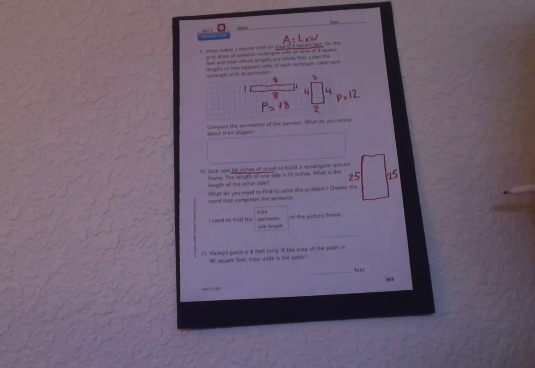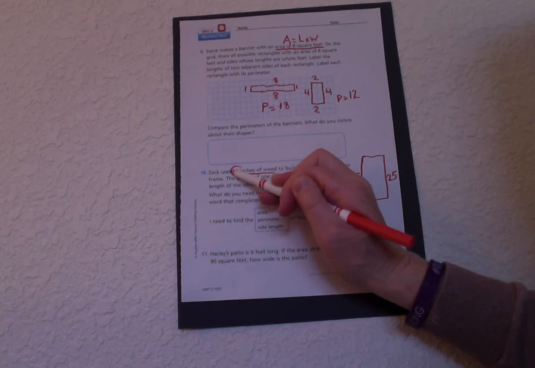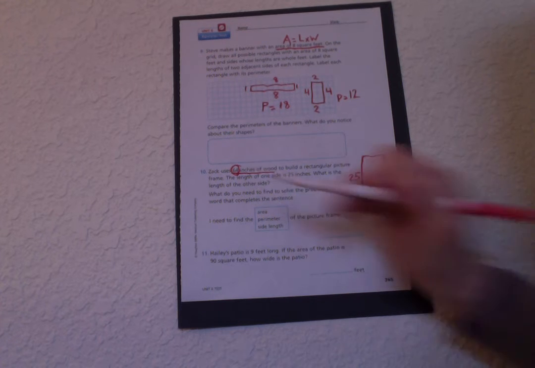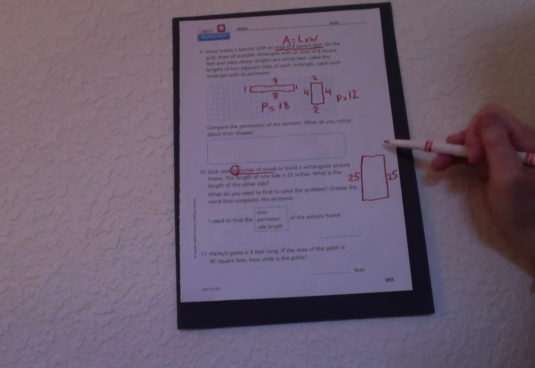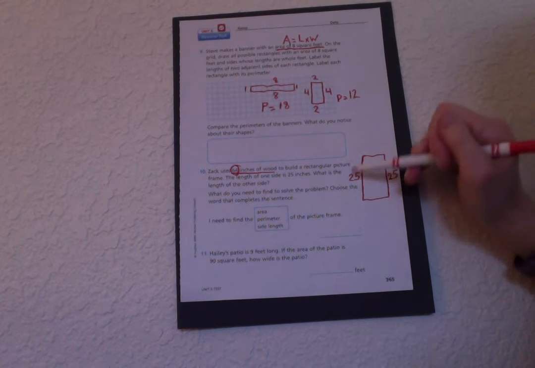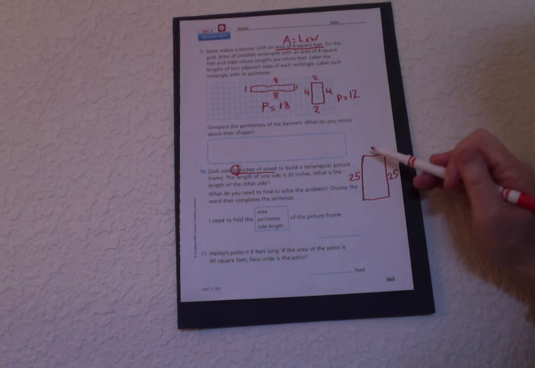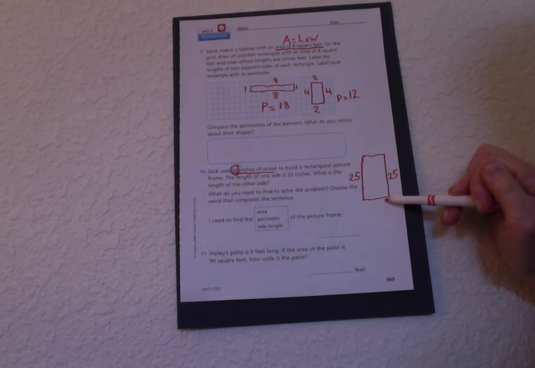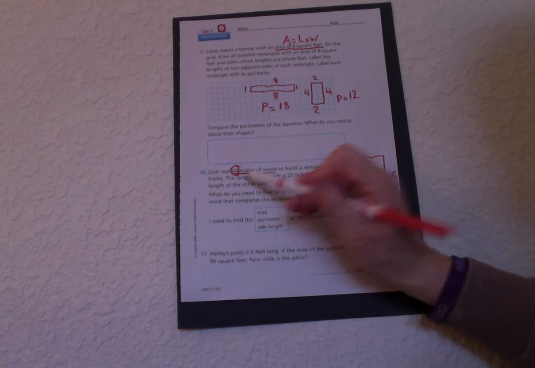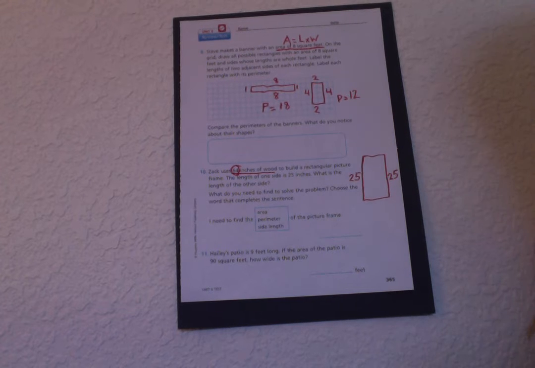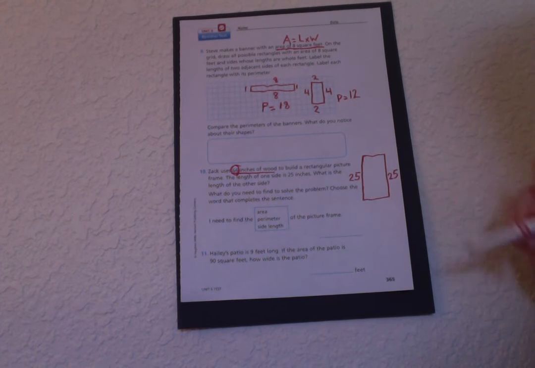Think about what you're going to do. I know that he used 64 inches of wood in all to build this picture frame. That means I have to add 4 sides together to get to 64. I'm going to add 25 and 25.